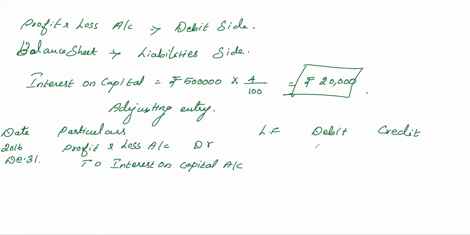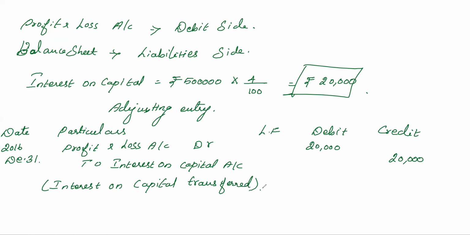Debit side 20,000, credit also 20,000. Interest on capital transferred. That's all. So this is the adjusting entry.